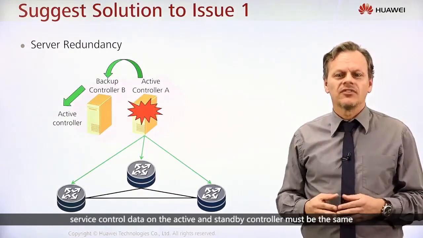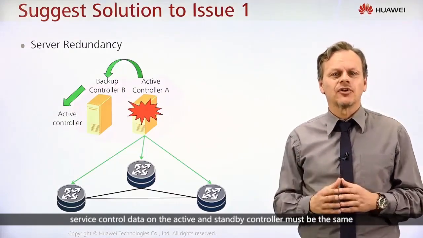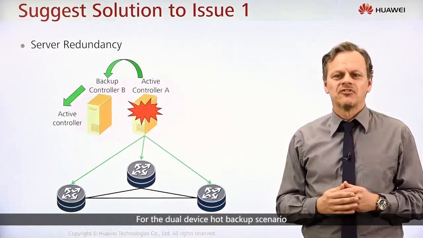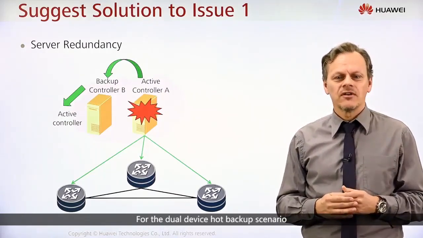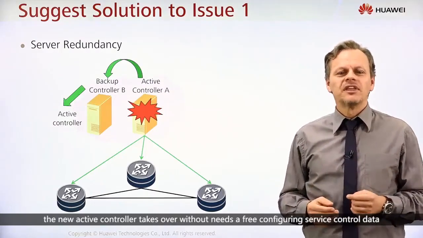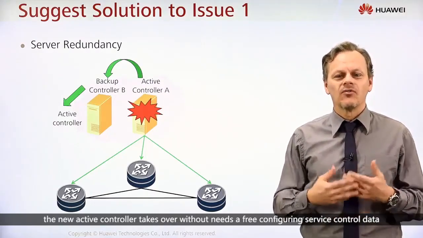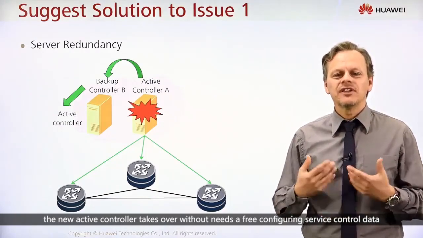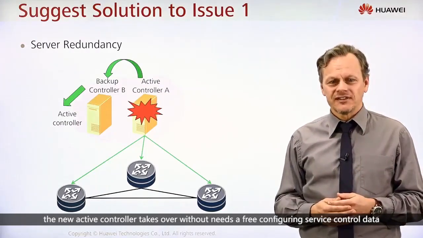Service control data on the active and standby controller must be the same for the dual device hot backup scenario. After an active standby controller switchover is performed, the new active controller takes over without need of reconfiguring service control data.